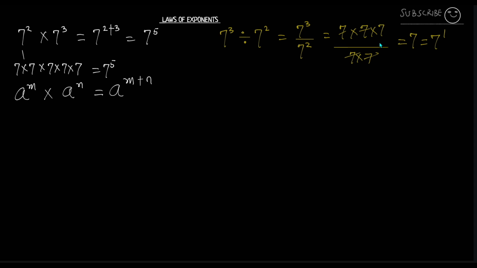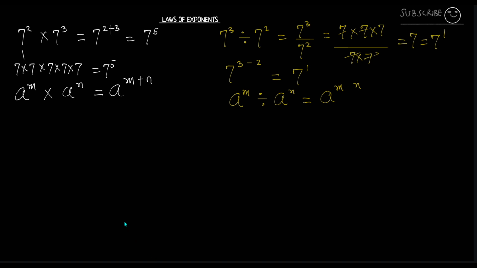Then, rather than writing it in an expanded form, we can write this as 7 to the power of 3 minus 2. This equals 7 to the power of 1, which means that we can say a raised to the power of m divided by a raised to the power of n equals a to the power of m minus n.